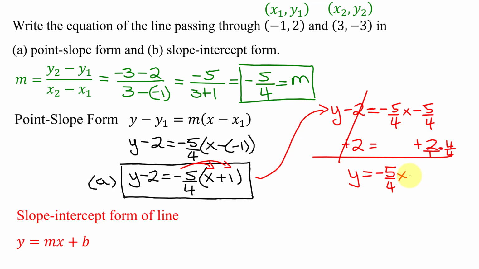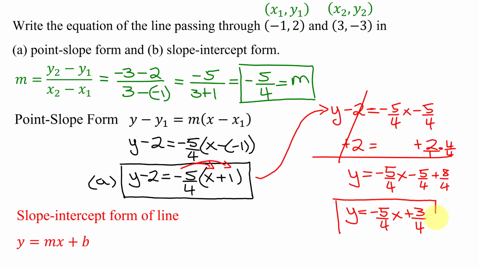So I'm going to get -5/4 plus 2 times 4, which is 8/4. So now I have y equals -5/4 x, -5 plus 8 is plus 3/4. So now I have the equation in slope-intercept form.